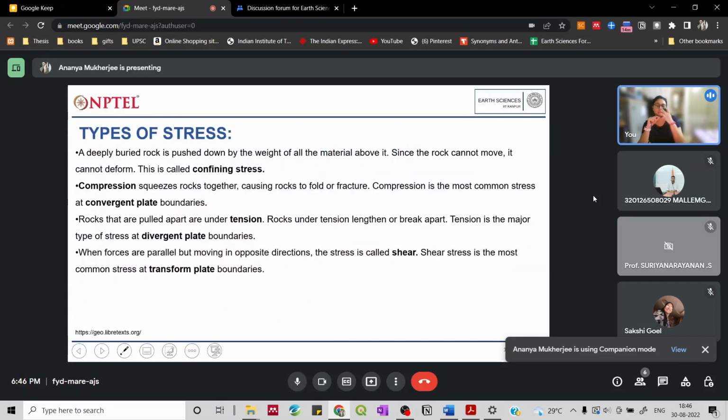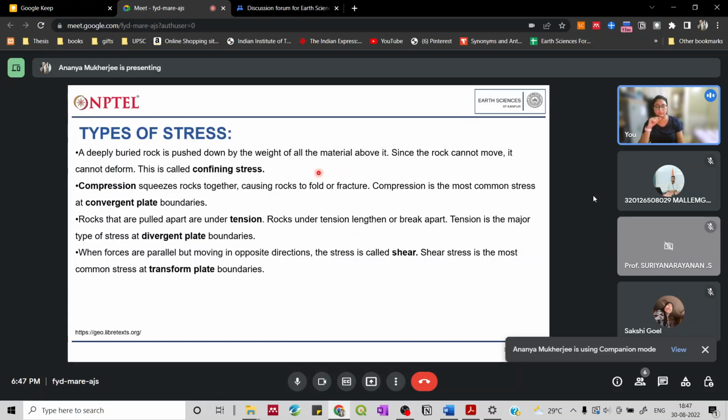So now we try to understand the types of stresses that are taking place, which is causing these deformations and the related movements. So you have confining stress where the rock is not actually moving; it is experiencing uniform stress along all directions, horizontal, vertical. And compression is when one of the directions is the maximum stress direction, so it is pushing the rock inwards.